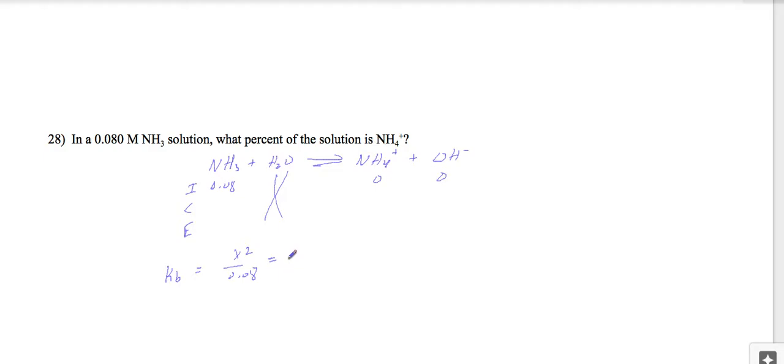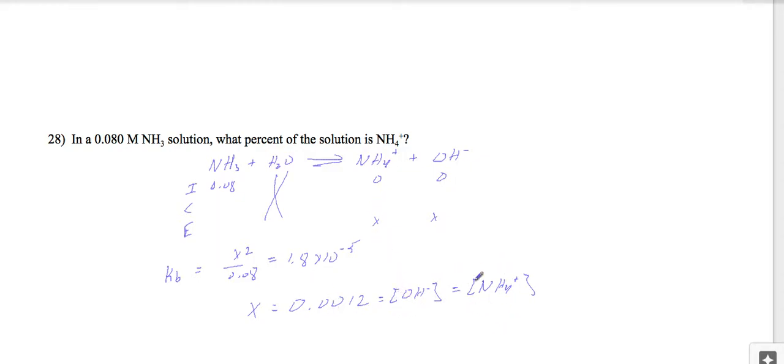Is equal to 1.8 times 10 to the minus fifth. So x comes out to be 0.0012. And that is going to equal our hydroxide ion concentration. And it's also going to equal our ammonium concentration, because both of those are x.